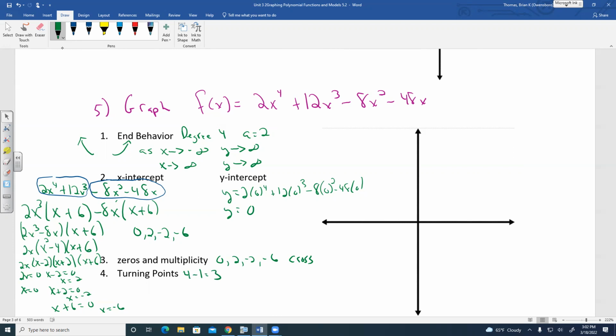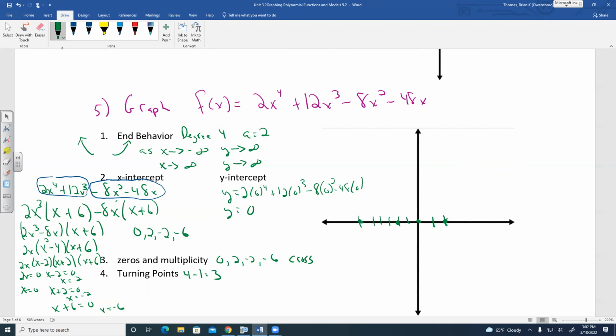So if I sketch this, we have a negative 6, negative 2, a 0, and a 2 as my x-intercepts. My y-intercept is 0 as well.